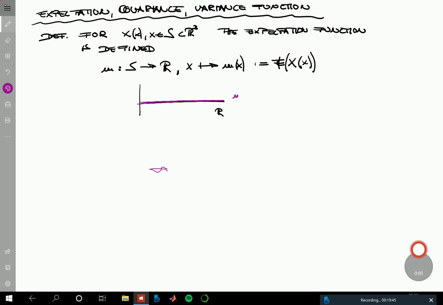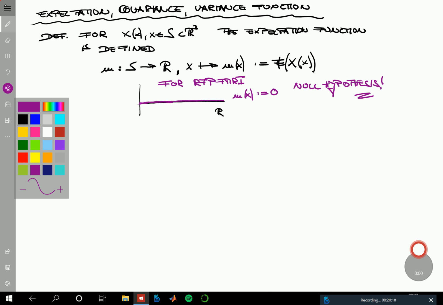So for random field based p-value evaluation, fMRI, whatever, this expectation function is 0. That also corresponds to the null hypothesis. But that doesn't have to be the case, of course, in general in random field theory.